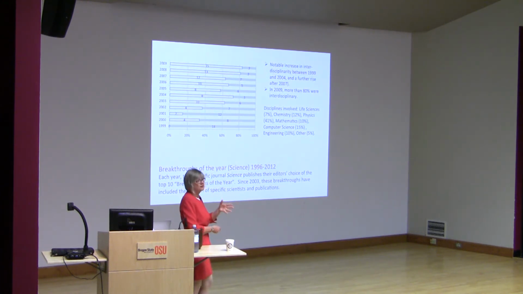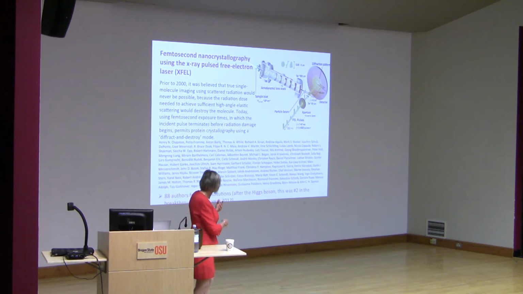The other way you could sort of argue, just look at what Nature and Science do at the end of the year as their breakthrough of the year or the noteworthy research of the year. Those get published by Science every year, and I just picked the one from 2012, which was after the Higgs boson, where Higgs got the Nobel Prize this year, the runner-up.